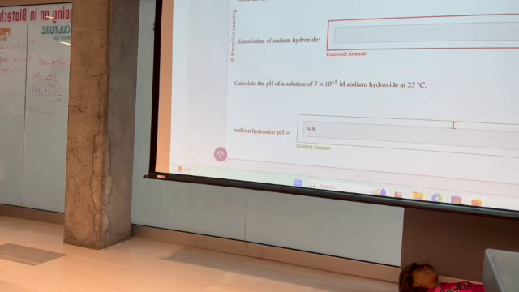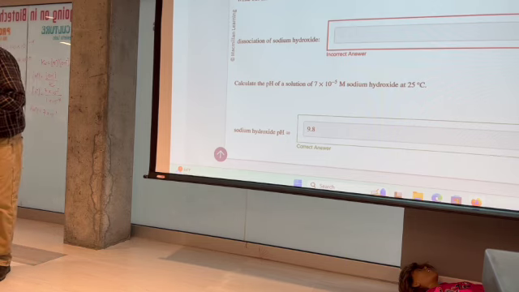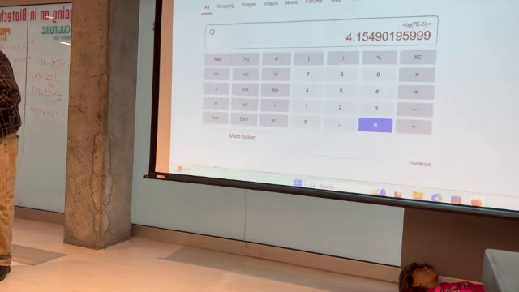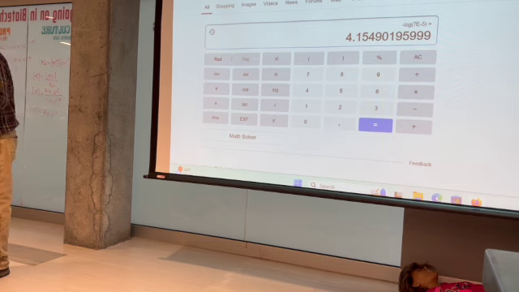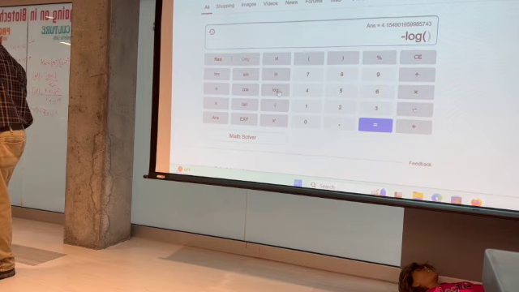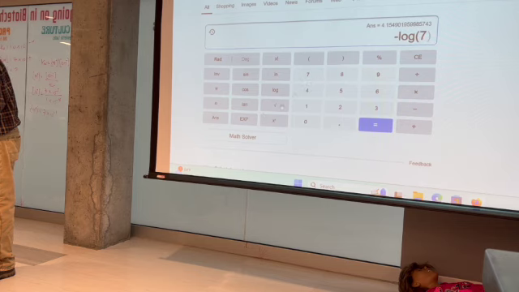I hope I did it right. And then we'll use a calculator. Negative log of 7e negative 9 equal.